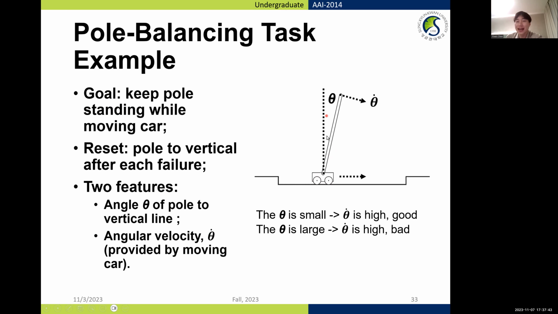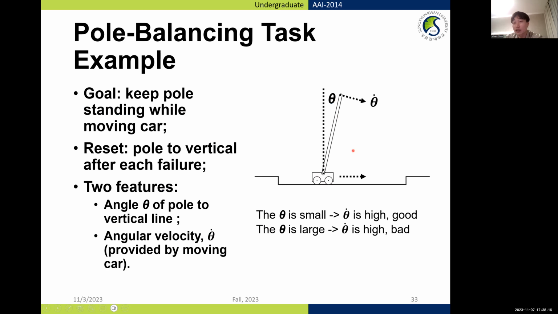So for example, if theta is small, it means this pole is trying to stabilize itself to stay upright, right? Then if at this moment the angular velocity is high, it means we are trying hard to maintain the pole in the upright position.